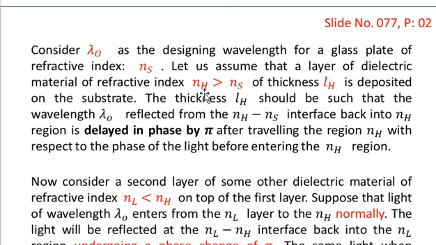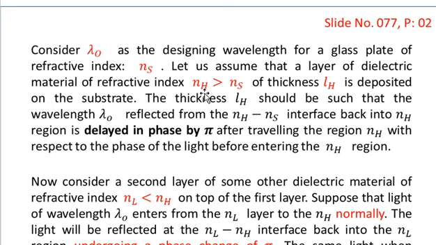We have shown phi 1, which is when the light is reflected from the NL and NH interface, then the light which is reflected from the top, that is from this interface, will undergo a phase change of pi, because the light is hitting a boundary which has a refractive index greater than the refractive index of the NL material. Because NH is greater than NL, a phase shift of pi is produced.